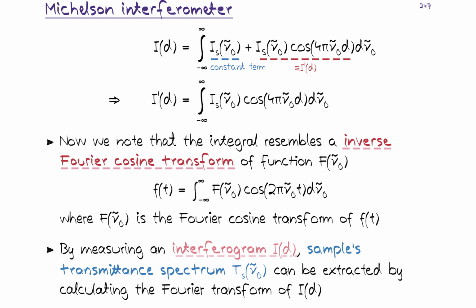So we can actually use a Michelson interferometer as a spectrometer, which is not very clear when we start thinking about it, but in fact we can do that by just performing some Fourier magic.